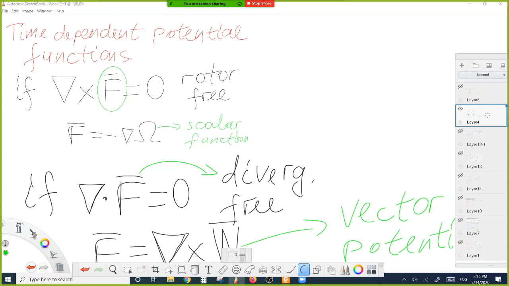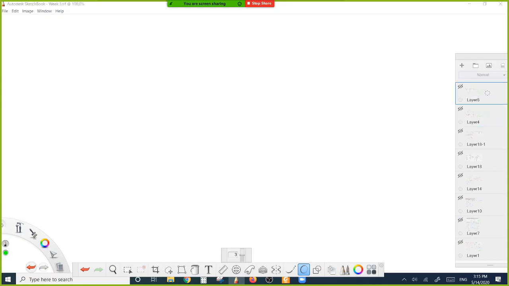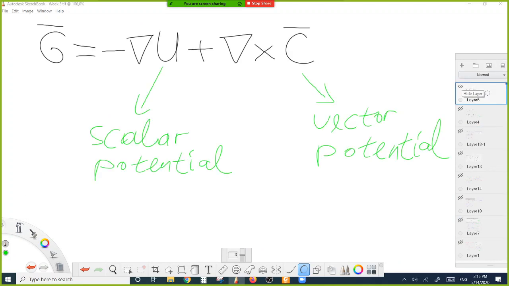Thus the general process of defining scalar and vector potentials for vector fields is as follows.